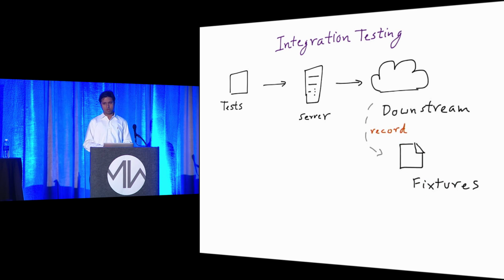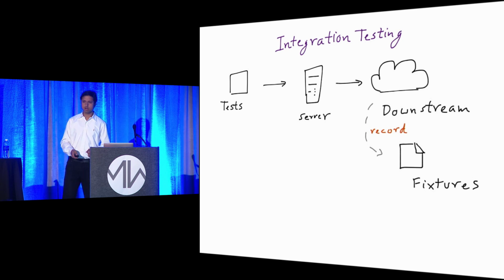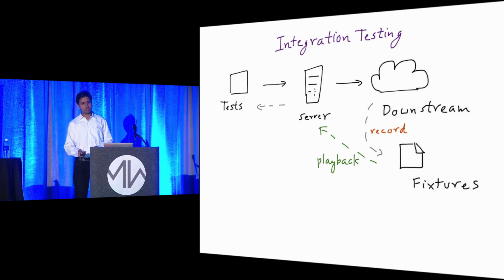So what we figured out was, what if we could record the responses from these servers into a file, which we call fixtures, and then play back the responses while doing tests, because the downstream service responses don't really have to change, and they don't really have to be live. If you play back those responses, the tests can be really fast.